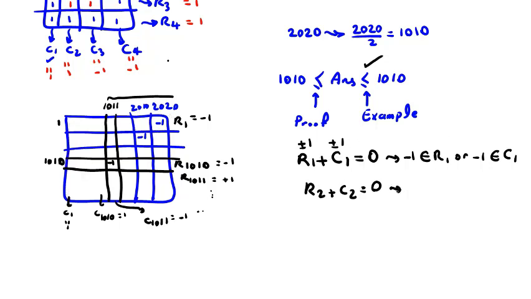So here, again, you can say -1 belongs to second row, or -1 belongs to second column. Now, if I write for last one, -1 belongs to R2020, or -1 belongs to C2020.